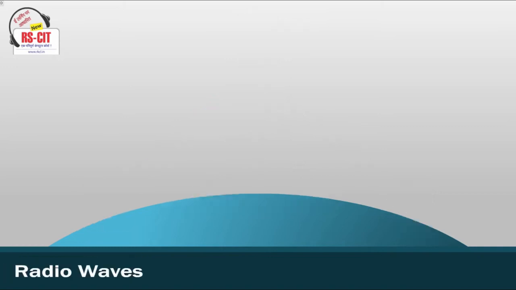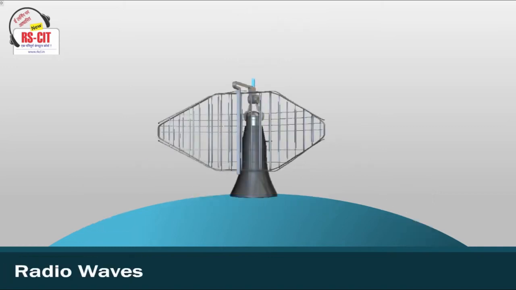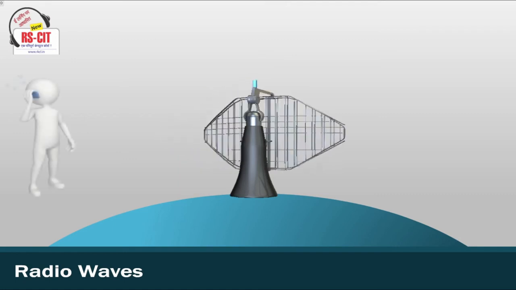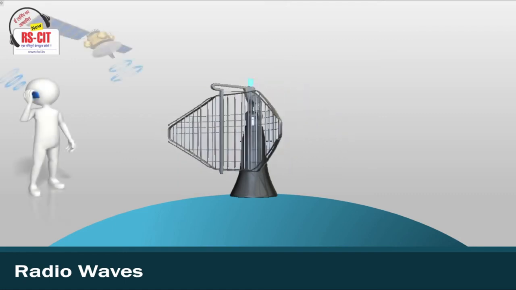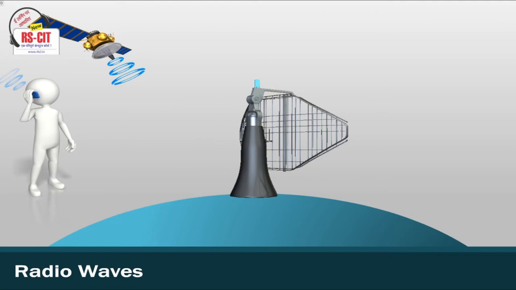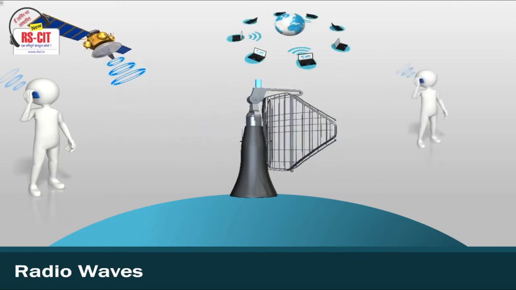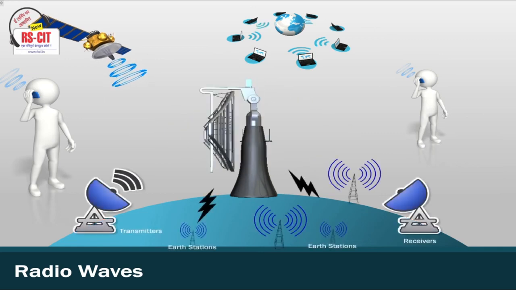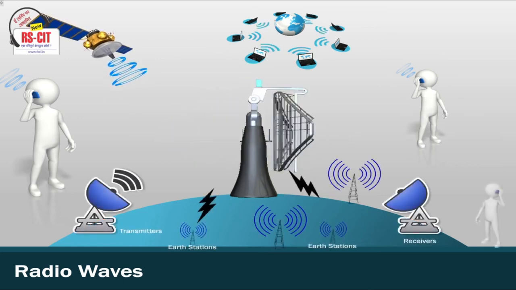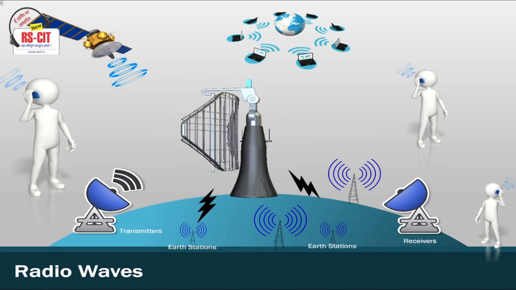Radio waves. Wireless local area networks use a high-frequency radio technology and a low-frequency radio technology. Wireless LANs use spread spectrum technology to enable communication between multiple devices in a limited area.